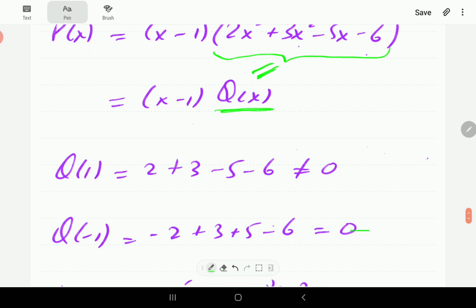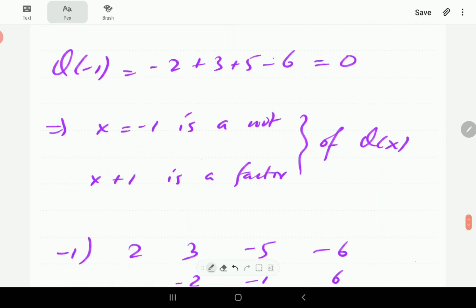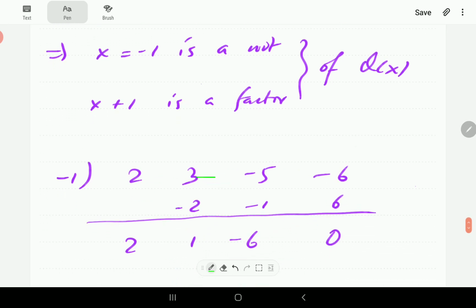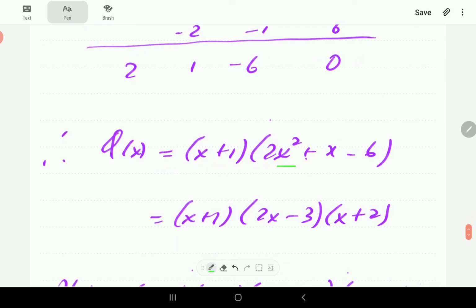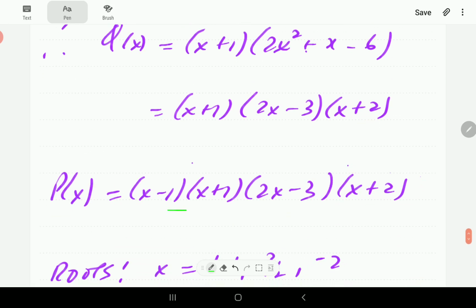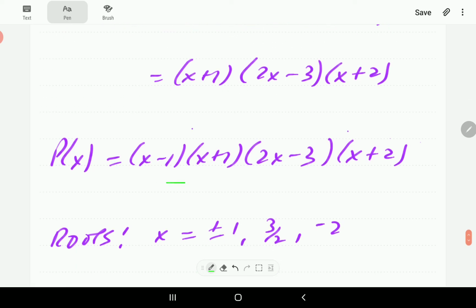Try negative 1, though, and we find that it is a root. So x plus 1 is a factor. Then we divide using synthetic division, and find that q of x is x plus 1 into this quadratic. We factorize the quadratic, and so this is the factorized version of the polynomial. From this we can find the roots. This one gives us 1, this one minus 1, this one 3/2, and this one minus 2. All right, thank you.